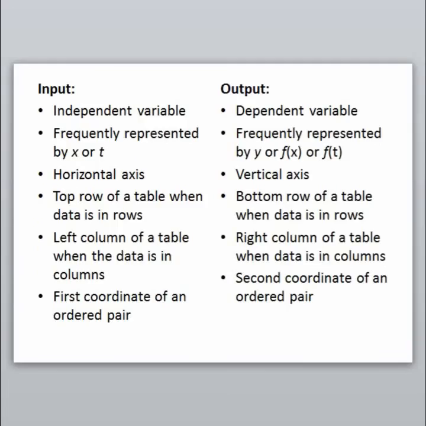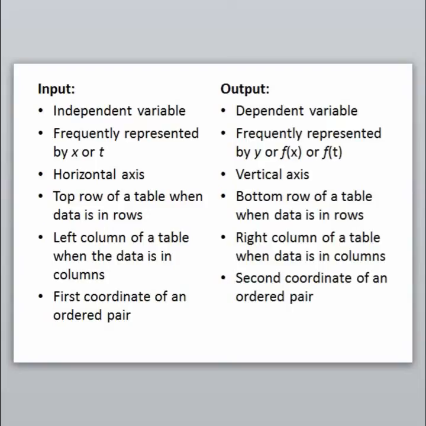Let's talk terminology more, because that's really the focus of this section. I said earlier we've got input and output, and there's a bunch of different ways we can describe this. The input is typically what goes into the function, and the output is what comes out of it. Often, the input is referred to as the independent variable, and the output is the dependent variable. I like that dependent because that's showing that it depends on something else.